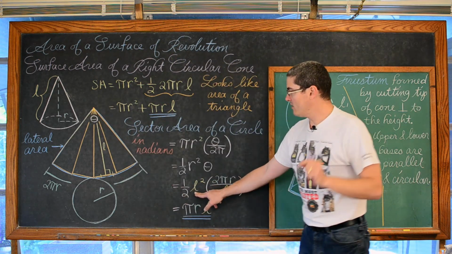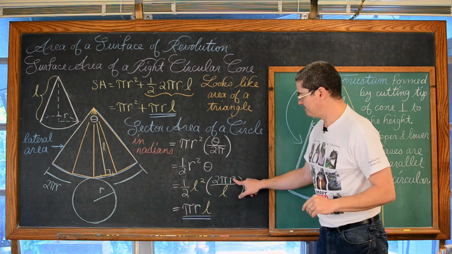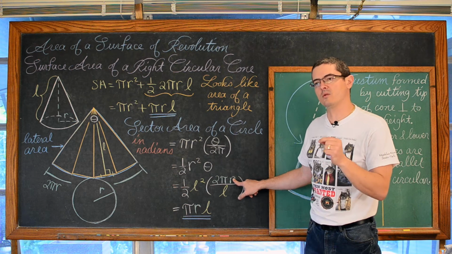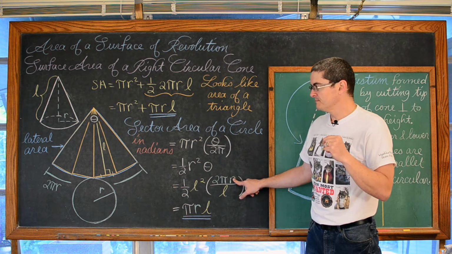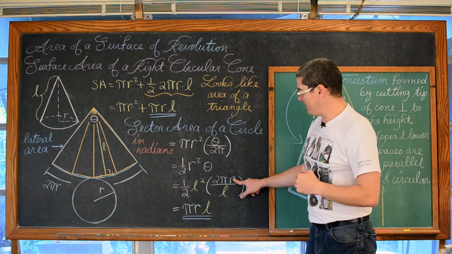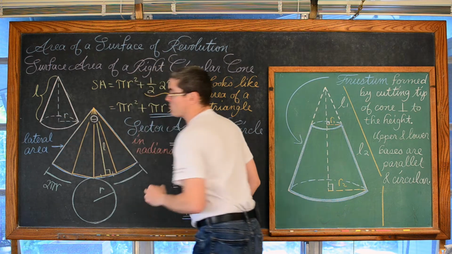So we have a radius of this circle, and 2 pi r, again with this idea that radians is a ratio of circumference over another radius. 2 pi r is the distance around the base, the circular base of this right circular cone.